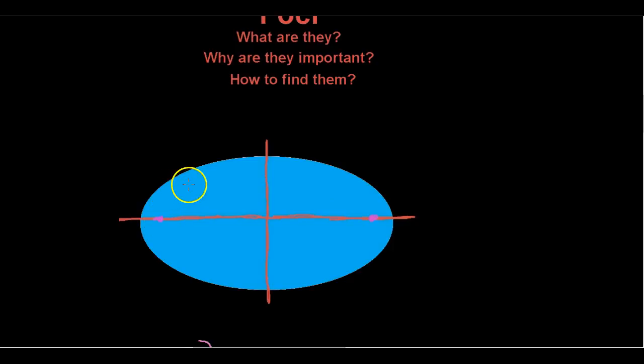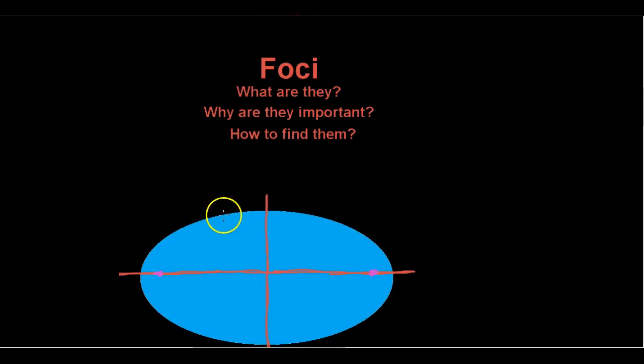The foci are basically 2 points on an ellipse such that if you were to take any point anywhere on the ellipse, the sum of those 2 lines going to each focus is going to be the same. So we'll call this D1 and D2.